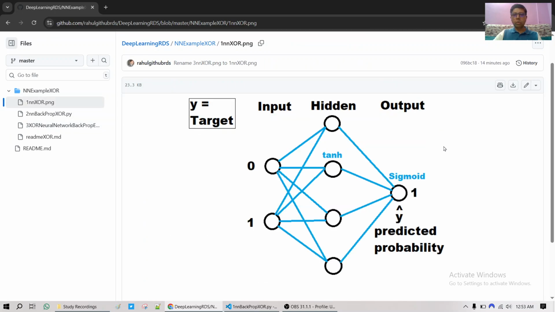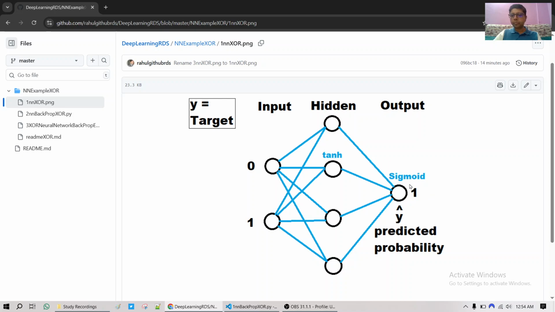In this neural network, we have an input layer with two nodes, and we have a hidden layer with four nodes, and we are using an activation function for the hidden layer as standard. You know the activation function. An activation function is a function that activates these nodes based on certain weight and bias factors, right?